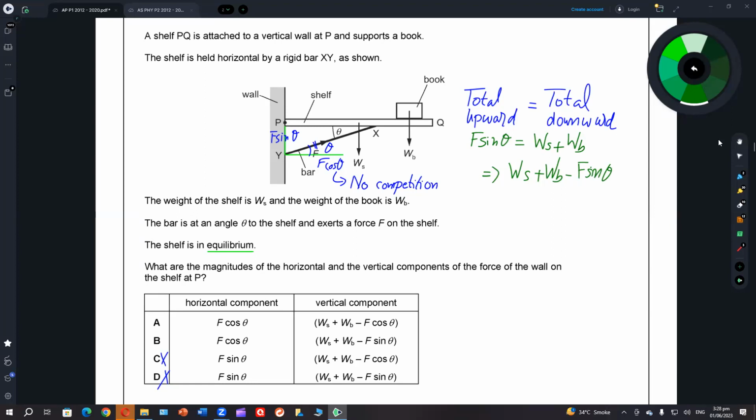Now I have shown the working. Select the right option then. It's B.